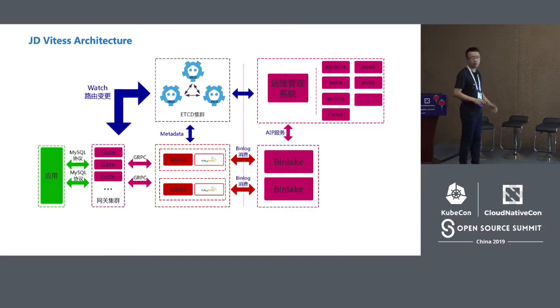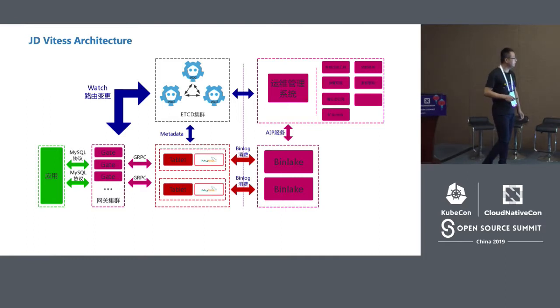We're using etcd to store the original metadata, and VTGate has a watch mechanism that watches the routing information and other changes in real time, so that the data can be synchronized with our shards more efficiently.